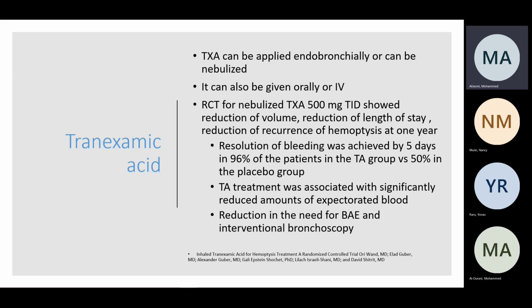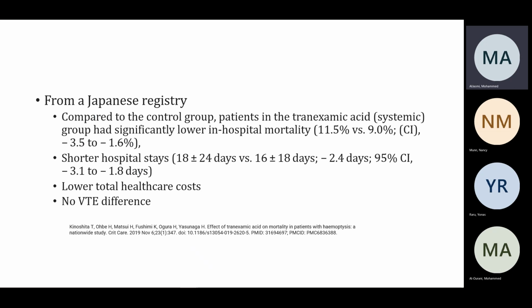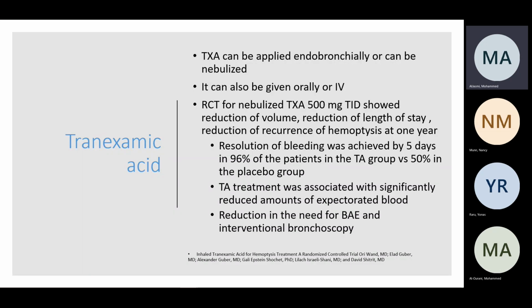There is a randomized controlled trial and a huge Japanese registry, in the thousands actually. It lowers the time to hemoptysis cessation by about 2 days, decreases length of stay, decreases the volume, and actually decreases mortality within one year. Both the small study and the registry. It's a very nice study.